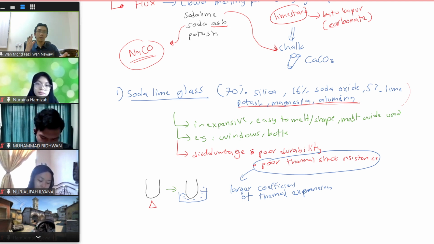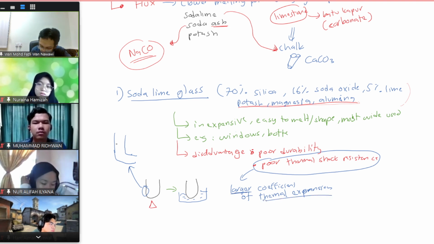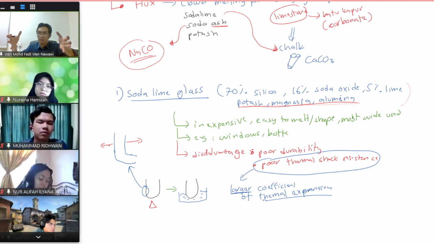So you know when you heat something and when you cool something, the thing becomes kembang kecut, expands, contracts, right? So if you have this large thermal expansion, it means that when it expands, it will go very big, and when it contracts, the amount it expands and the amount it contracts is big.